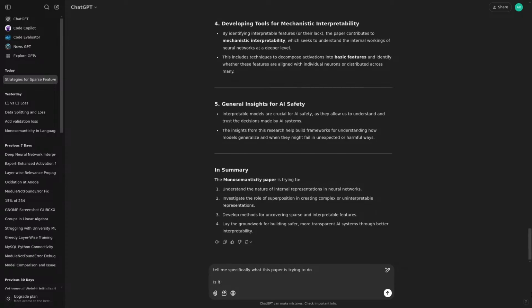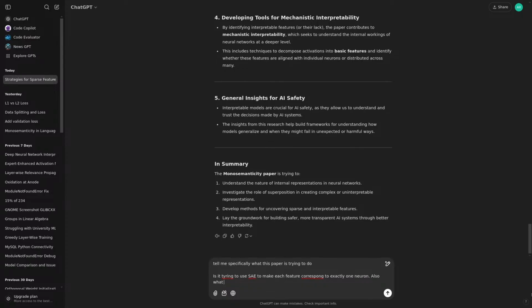Is it trying to use SAEs to make each feature correspond to exactly one neuron? Also, how do we define feature with respect to this paper?